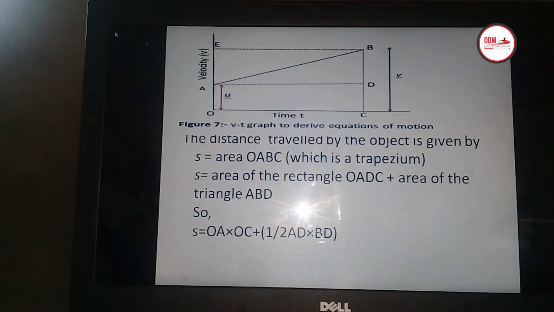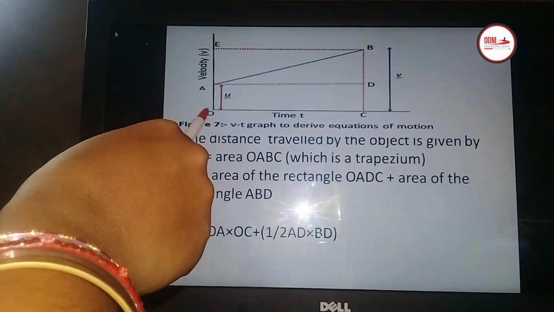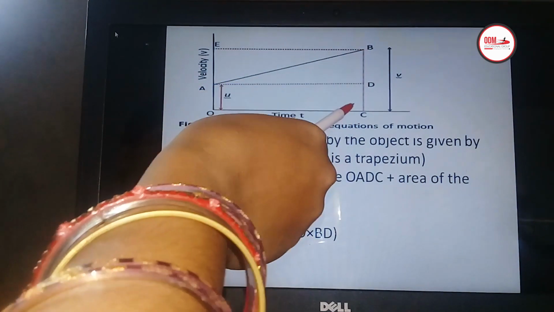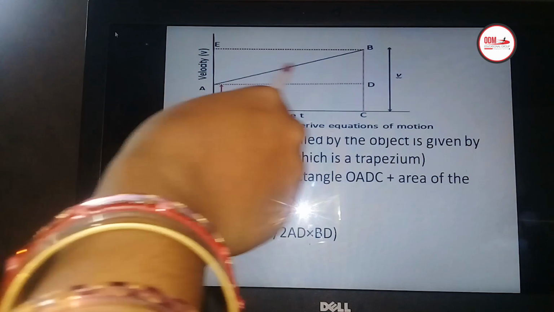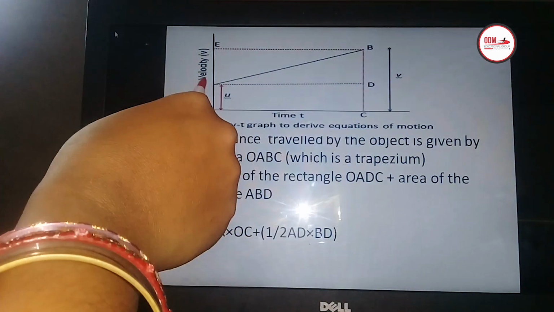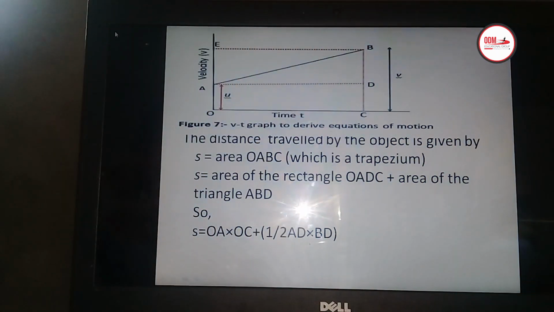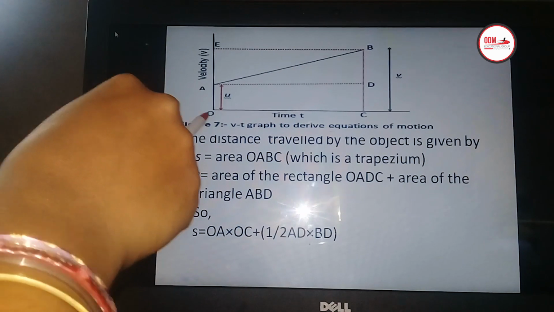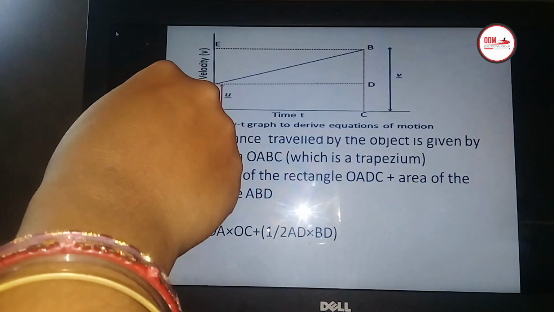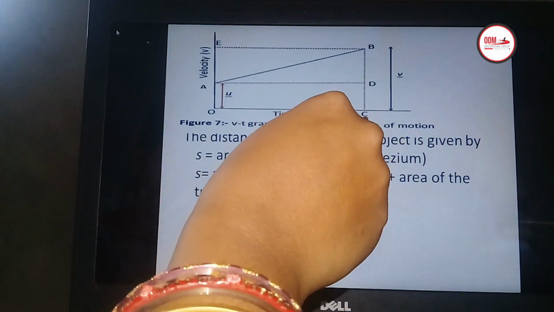So the distance traveled by the object is given by s equal to the area of trapezium OABC, which is equal to the area of rectangle OADC plus the area of triangle ADB. The area of the rectangle will be breadth into length, that is OA into OC, which is u into t.